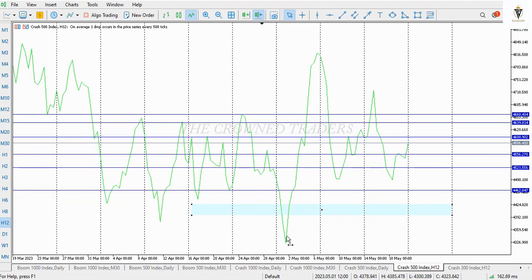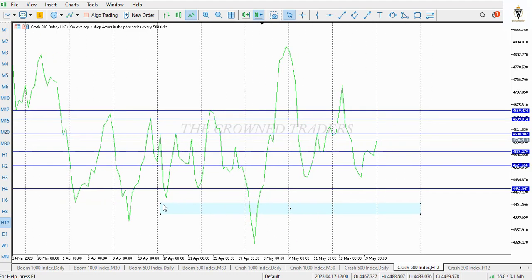Look at how I zoom my screen. Let it not be more than this. Stretch it to the left and to the right. And then once you stretch it, I want you to now start marking out those levels. You mark out those levels like this.